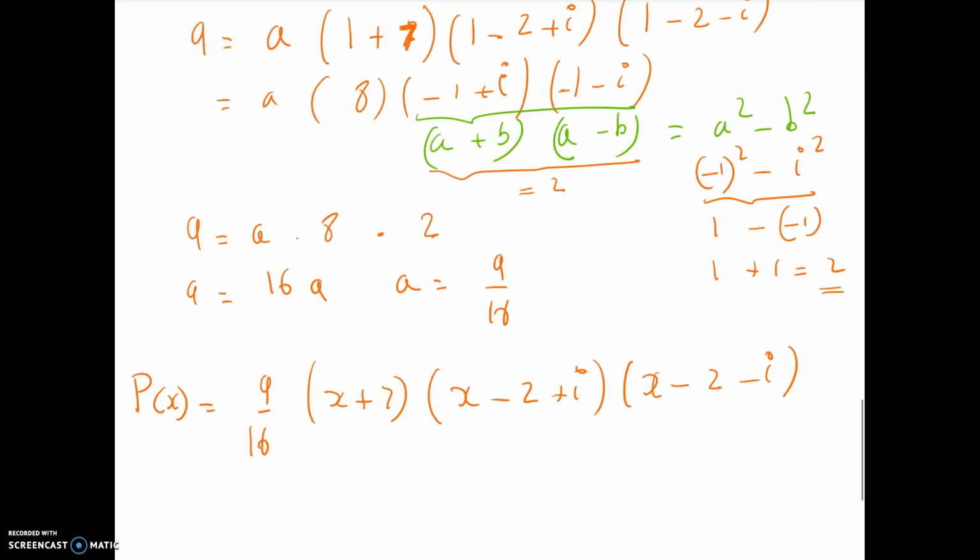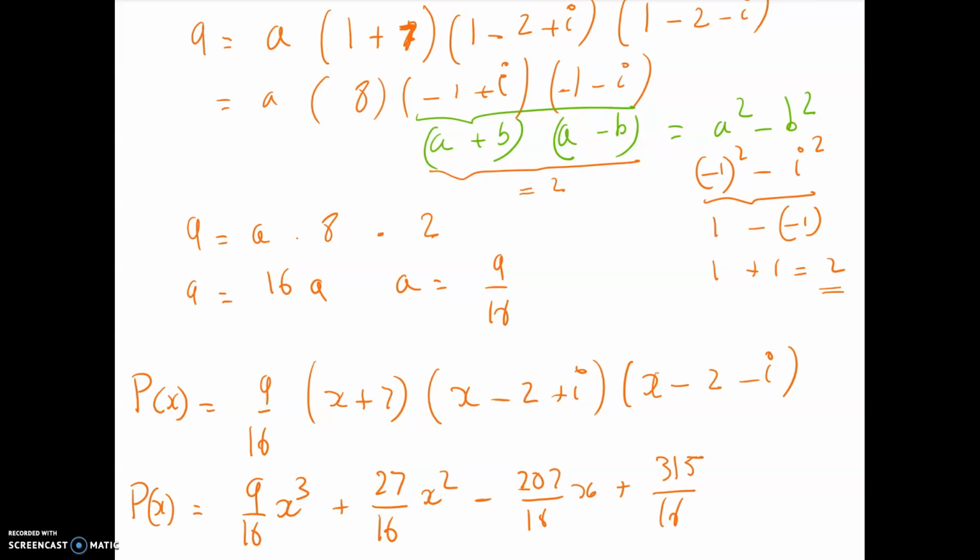And when I distribute each parenthesis properly, slowly, I'm supposed to have at the end p of x equals 9 over 16 x cubed plus 27 over 16 x squared minus 207 over 16 x plus 315 over 16.